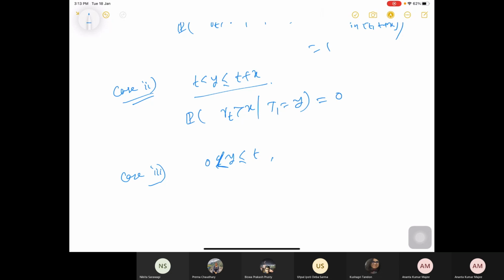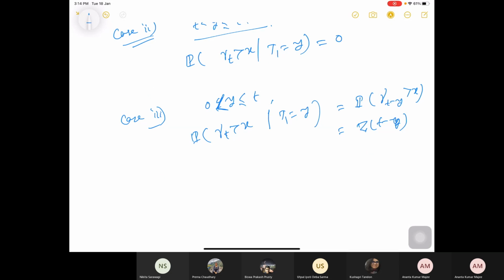Because the first renewal happened at y, the process starts at point y, and the remaining time, the excess time, should be t minus y. So the probability of nu t is greater than x given t1 is equal to y is the same as the probability of nu of t minus y greater than x, which is nothing but my z of t minus y.